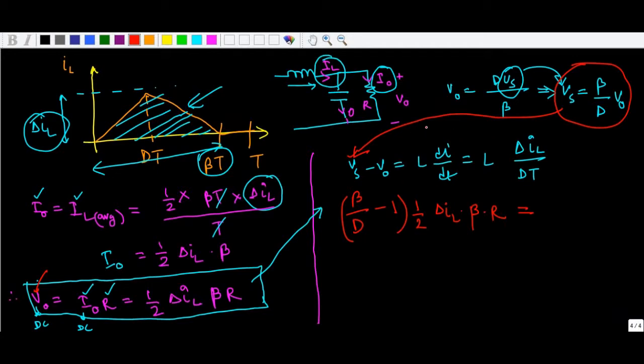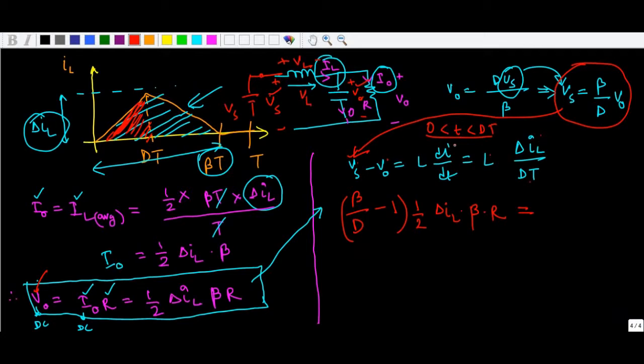We are talking about the time interval 0 to dT. During this time interval we have the voltage Vs here because the switch is closed, and we have the source here, and we have output voltage V output here. So the voltage across the inductor is Vs minus V output, which is L di dt.